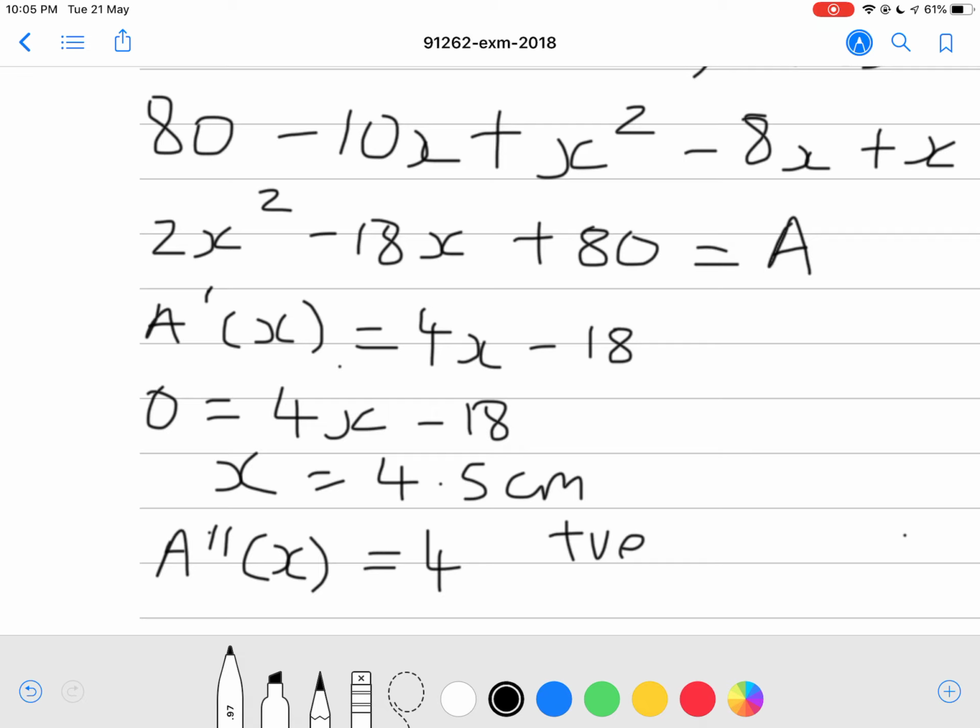But when the function has been differentiated twice and it becomes a negative number, it represents a maximum. So just remember, positive is minimum, and negative is maximum. Because it's positive, we can say that this is a minimum.